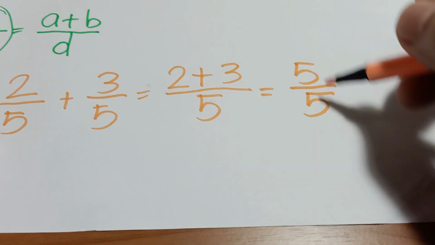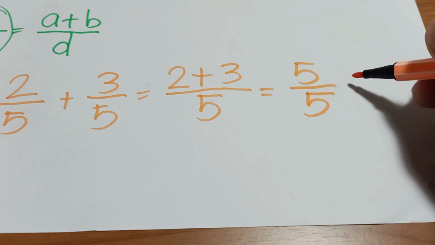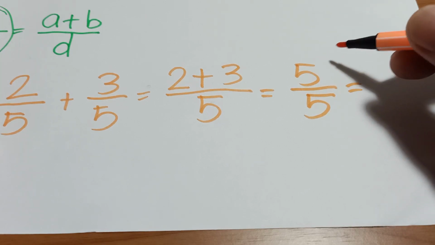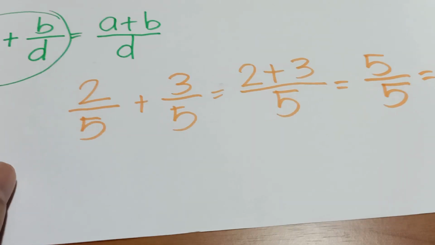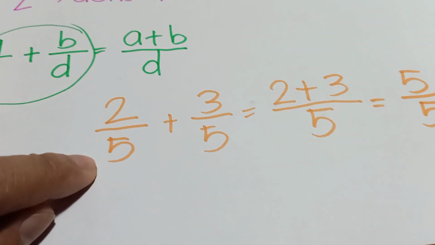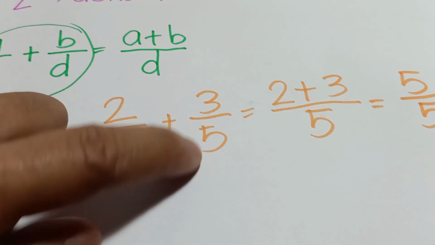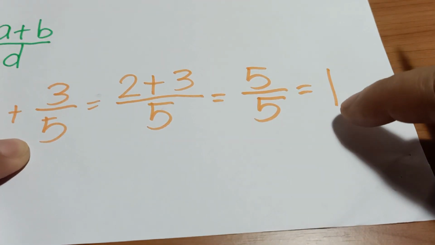But what is 5/5, or 5 divided by 5? It is equal to 1. That means when you add 2/5 plus 3/5, the answer is 1.